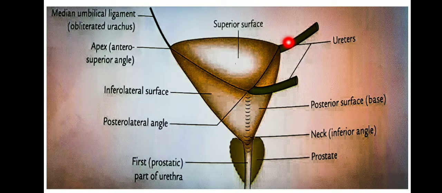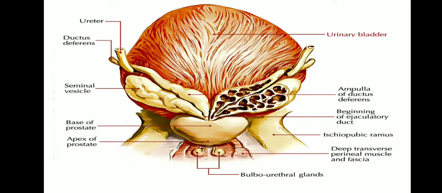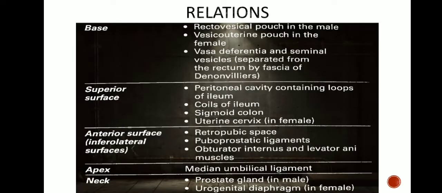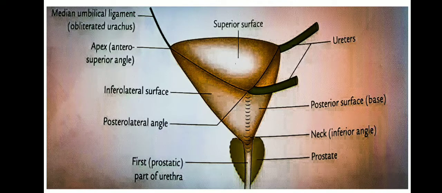In the male, the superior surface is covered by the peritoneum, whereas in the case of the female subjects, it is partially uncovered, and along the posterior border it is reflected on the supravaginal part of the cervix of the uterus. And somewhere here lies the uterovesical pouch at this region, partially covering the uterus.